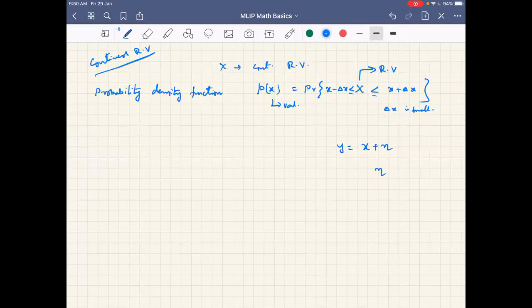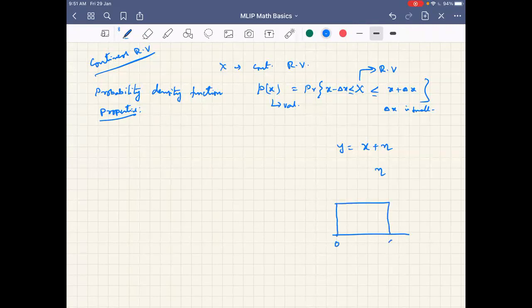So what are the properties of this probability density function? It is zero at any exact single point. Some instances of probability density functions are the uniform random variable.